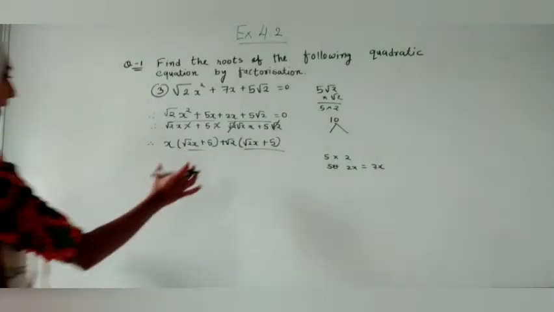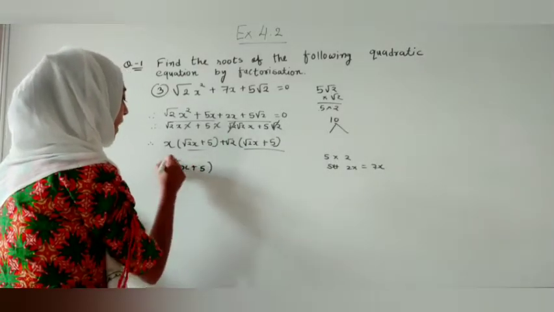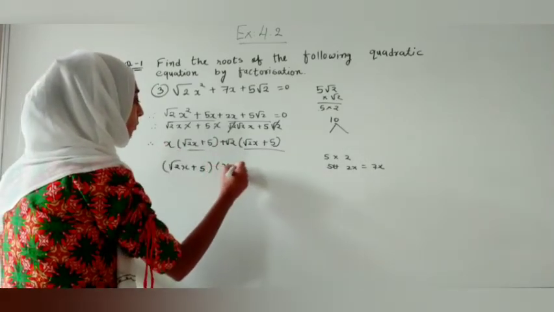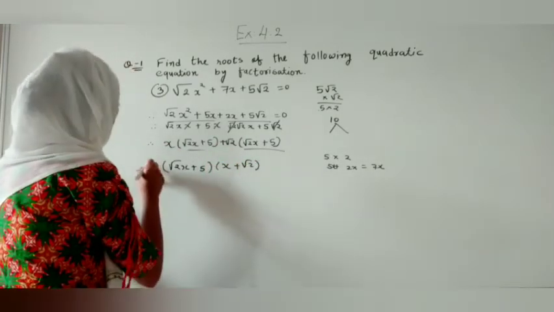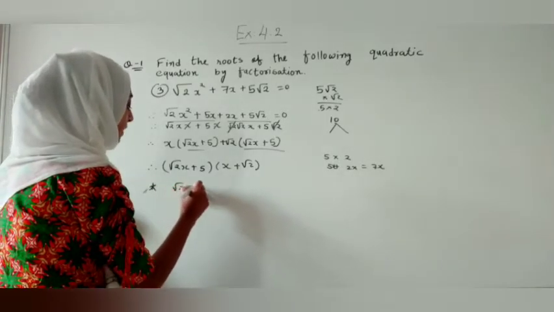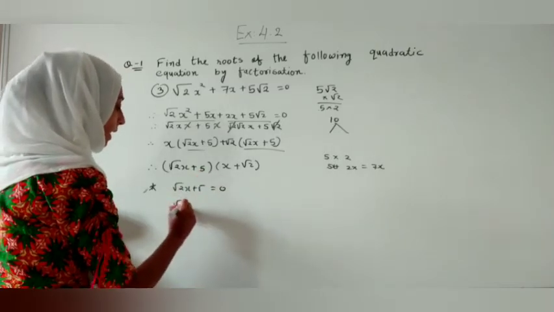In that if we made two brackets same, हम उन्हें बाहर निकाल लेते हैं. Means under root 2x plus 5 we have written, and in another bracket we will write x plus under root 2. Now the half process that we will do again, that is under root 2x plus 5 we will compare with 0. ये bracket को हमने 0 के साथ compare किया है.